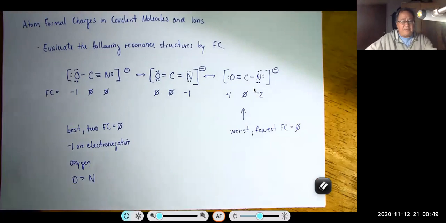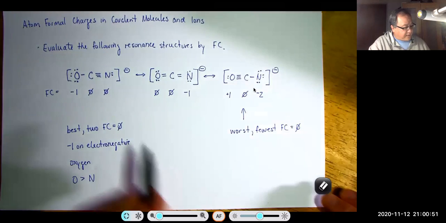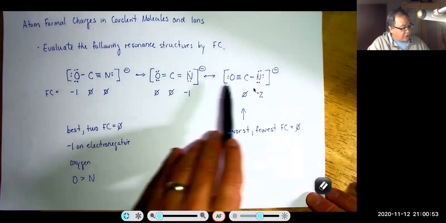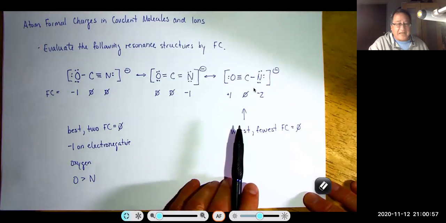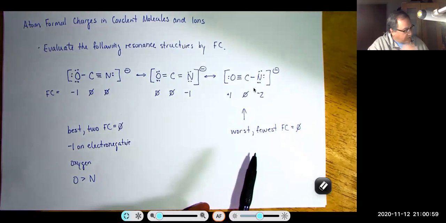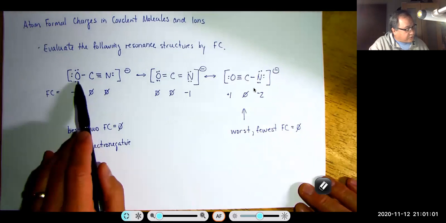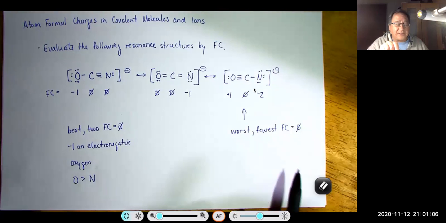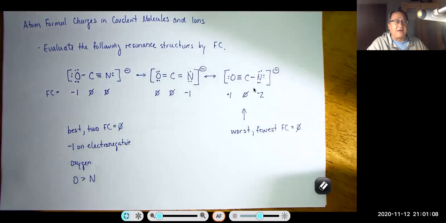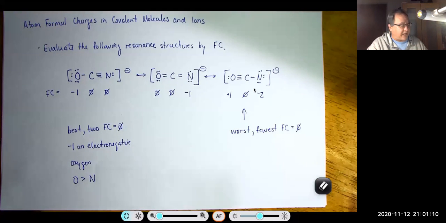So here's an example where we have 3 Lewis structures for this ion. This is the cyanate ion. So notice that in each Lewis structure, each atom has an octet. You might want to pause this and look and count and make sure you get 8 for each atom.